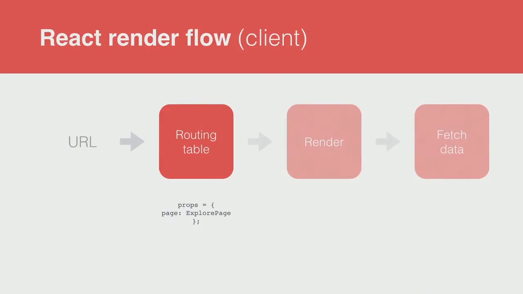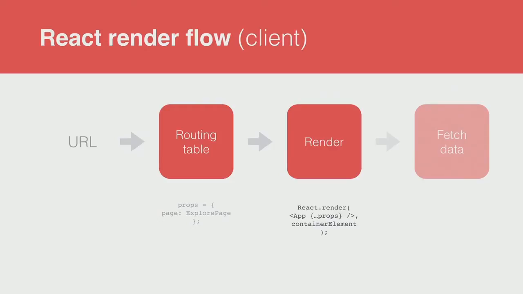The URL matches something in your routing table. So perhaps you say that, OK, for this URL, we want to render an explore page, which is a React component. So you pass it off to React using the client-side render call, and you render it into some kind of HTML element, the container element.